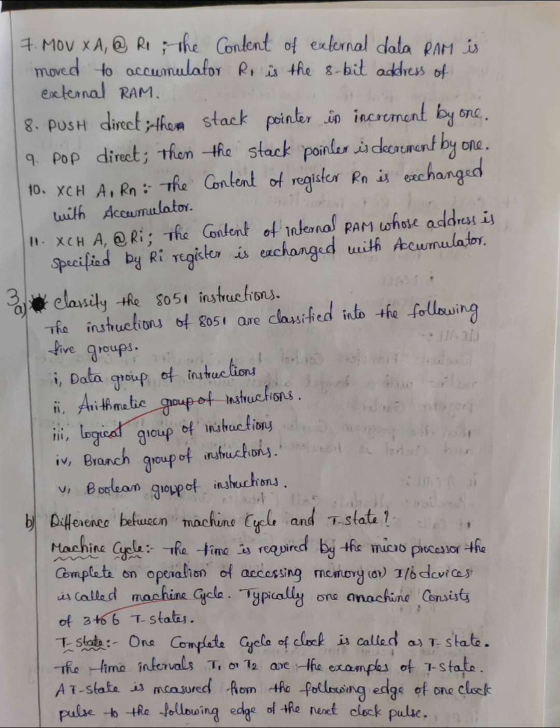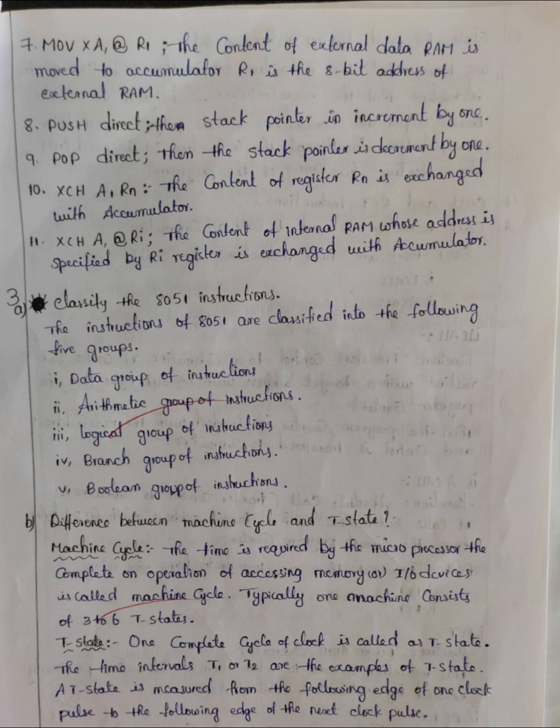POP direct: the stack pointer is decremented by 1. XCH A, Rn: the content of register Rn is exchanged with the accumulator. XCH A, @Ri: the content of the internal RAM whose address is specified by the Ri register is exchanged with the accumulator.